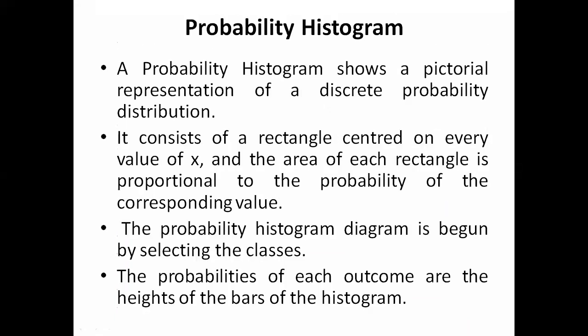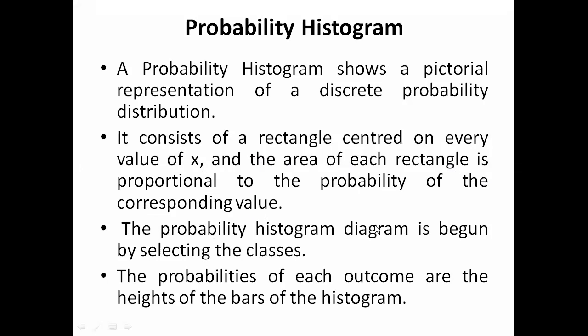Probability histogram. The probability histogram shows a pictorial representation of a discrete probability distribution. It consists of a rectangle centered on every value of x, and the area of each rectangle is proportional to the probability of the corresponding value.